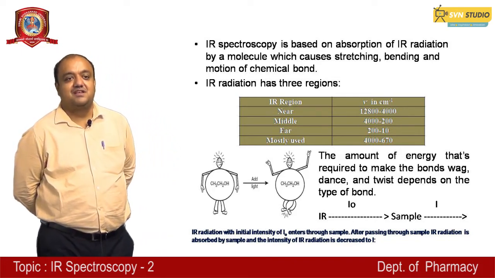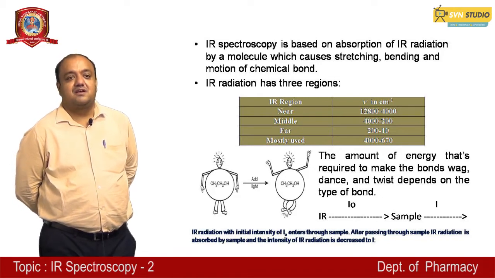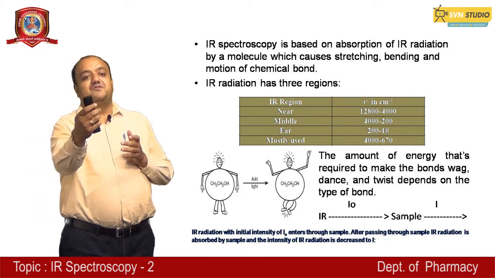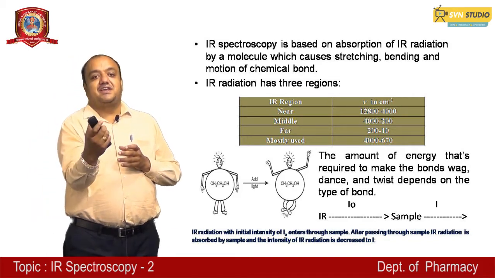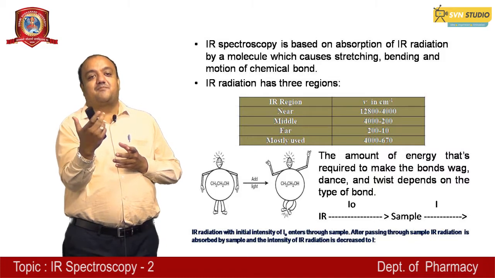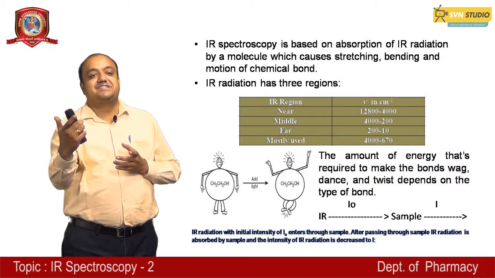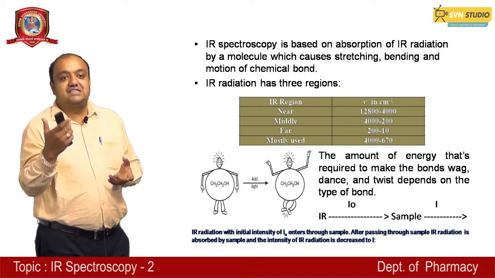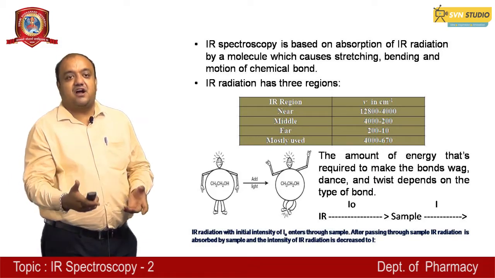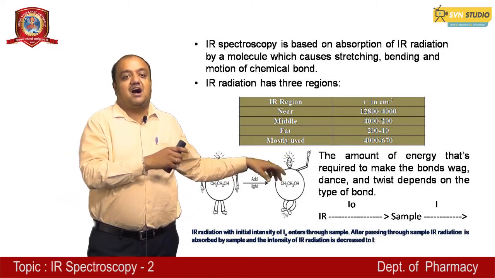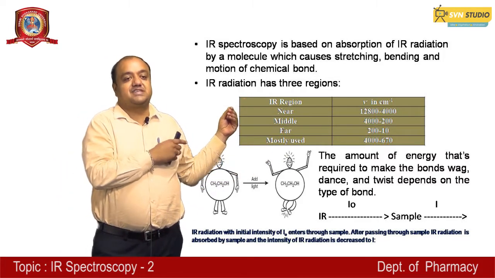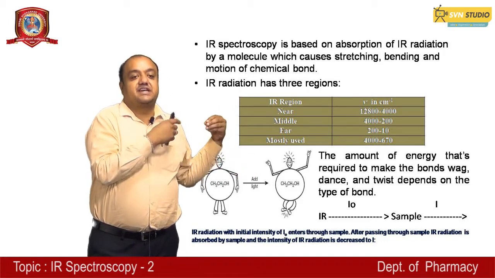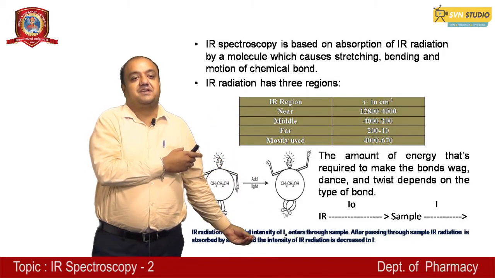For example, ethanol, and this is after absorption, where the molecules show motions like dance, wag or twist. IR radiation with initial intensity I0 enters the sample, and after passing through the sample, IR radiation is absorbed by the sample and the intensity decreases to I.